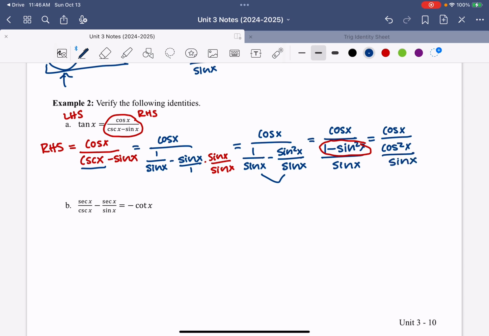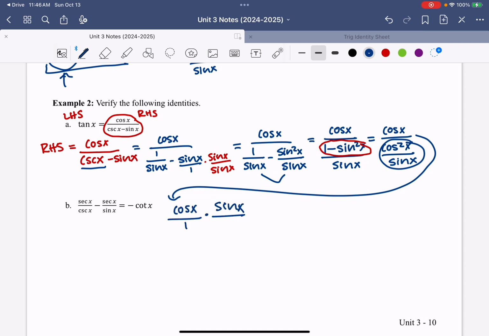All right, now from here, I see that I kind of have a fraction and a fraction, so I'm going to go ahead and multiply by the reciprocal of my denominator. Hopefully you're writing a little bit smaller than I am. So I'm going to have cosine x over 1 times sine x over cosine squared x.